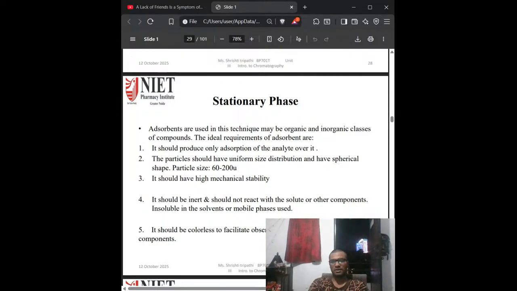The particles should have uniform size distribution and spherical shape, with particle size 60 to 200 micron. It should have high mechanical stability.